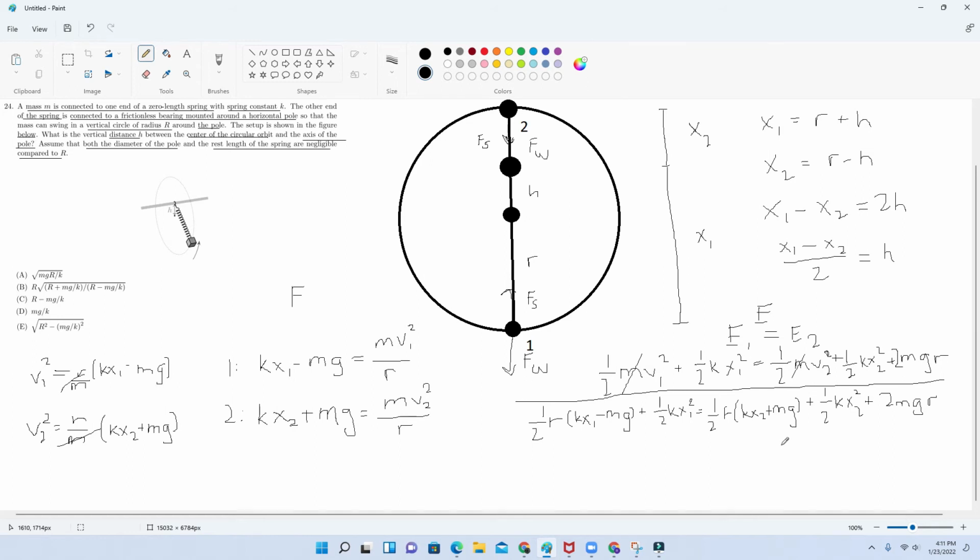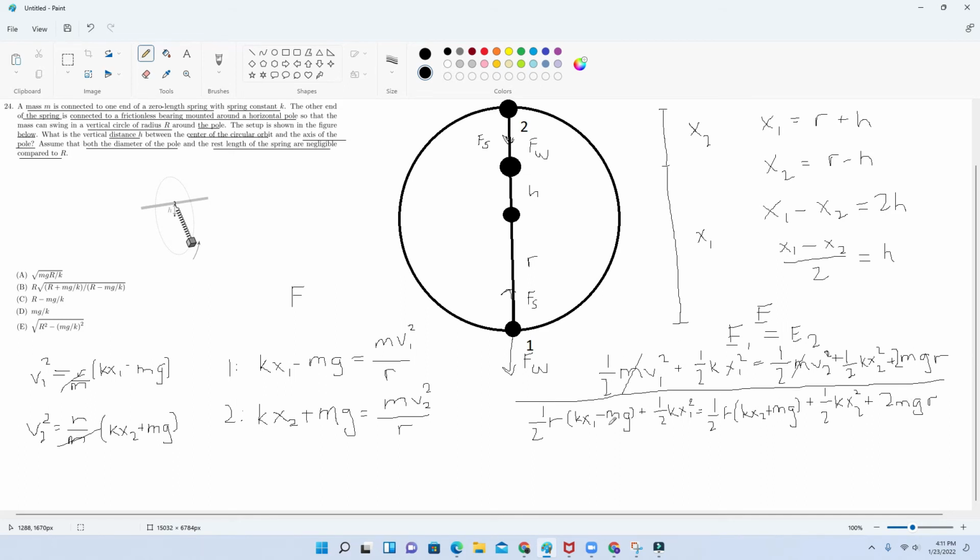Well, the first thing we can see is that we have a 1/2 kx1 squared, and we have a 1/2 kx2 squared, and we also have these kx1r terms and these kx2r terms, right? So it would probably be in our best interest to try to group those together.